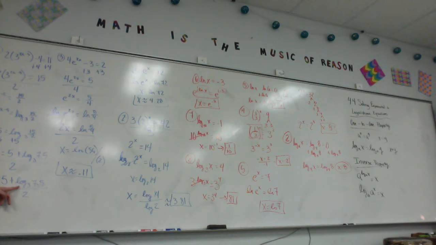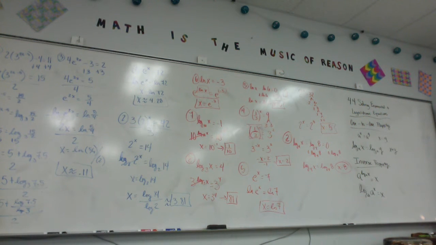So I need to change this to log 7.5 over log 3. So this has to say t equals 5 plus log 7.5 over log 3, over 2. So when you plug that in, that's going to make it trickier.